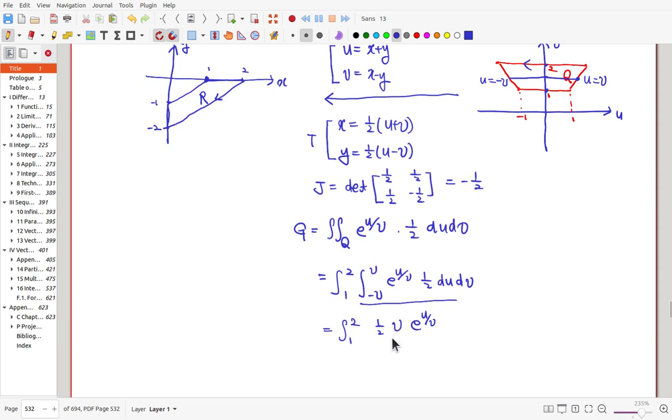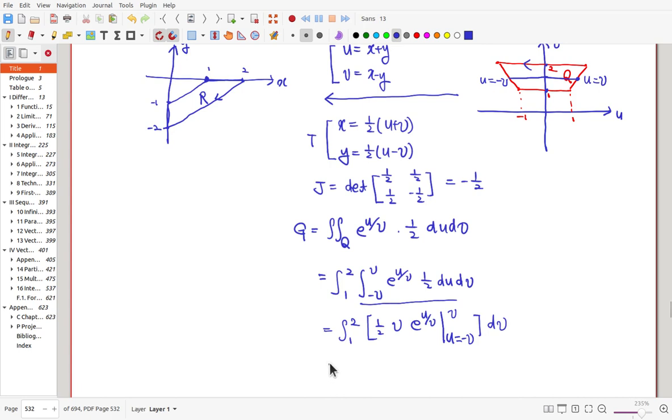So that is the antiderivative. Now we put in u from minus v to v. After evaluating this one, we'll get the v integration.